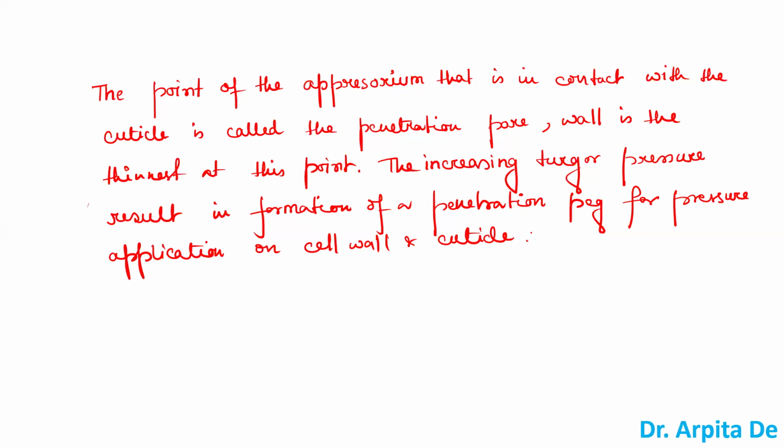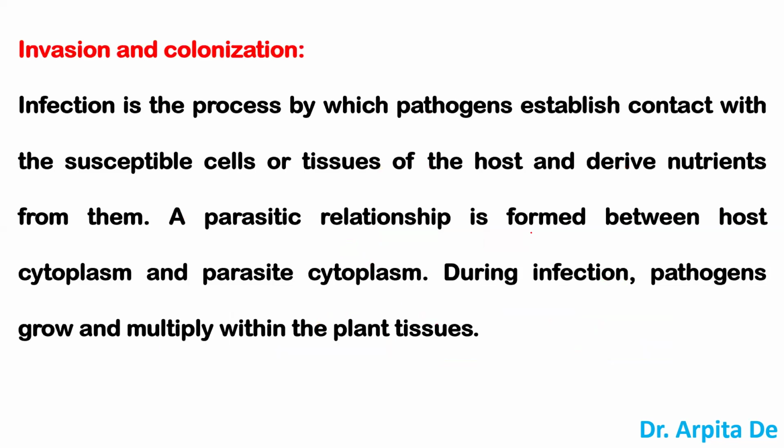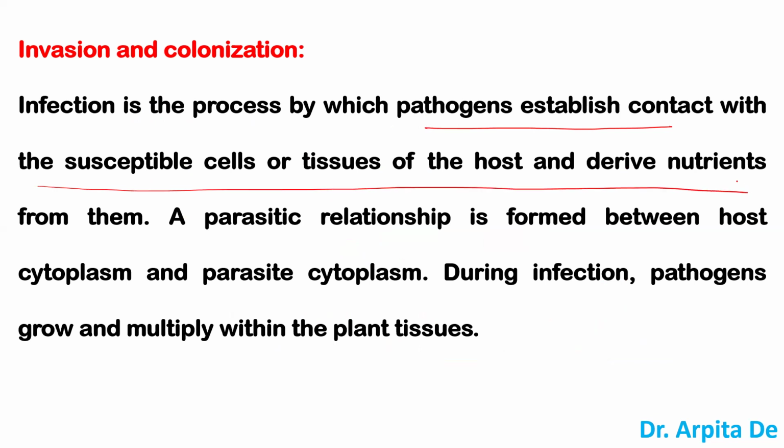Right. Next comes the event of post penetration. So what's happening after it penetrates? Invasion and colonization. See, infection is the process by which pathogens establish contact with the susceptible cells or tissues of the host and derive nutrients from them.